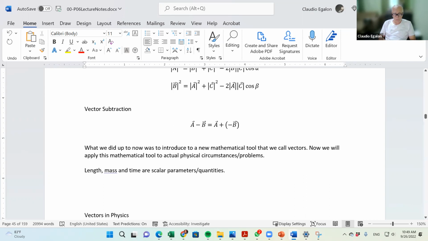But I also told you that position and force are vectorial parameters. In this case, I'm not going to call them quantities. I'm going to call them definitions, to ensure that they stay consistent with what I did before.